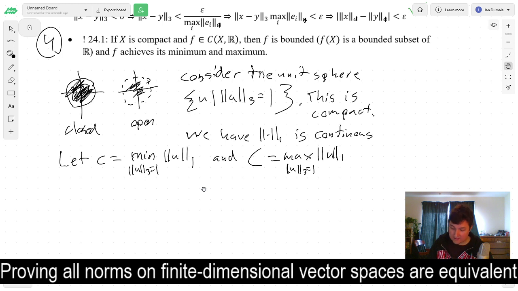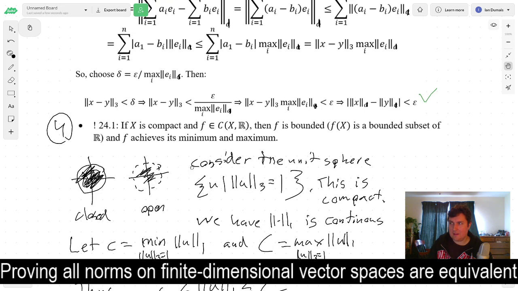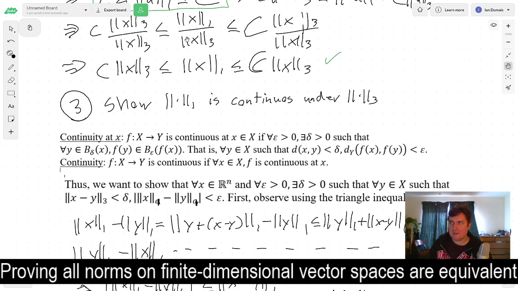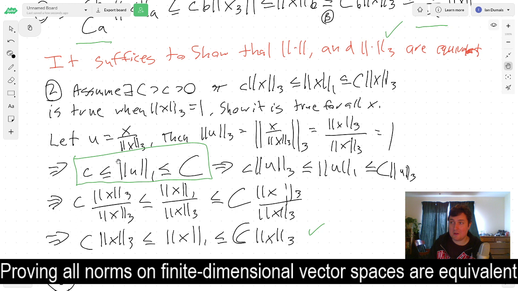But that means, thus, c is less than or equal to norm 1 of u, which is less than or equal to big C. Little c was the minimum of all of these. Big C was the maximum of all of these. We got to have this, and we're done. Because if this is true, scroll all the way back here, then norm 1 is equivalent to norm 3.